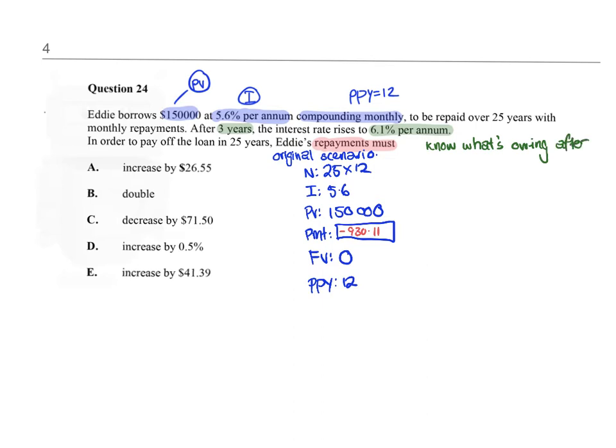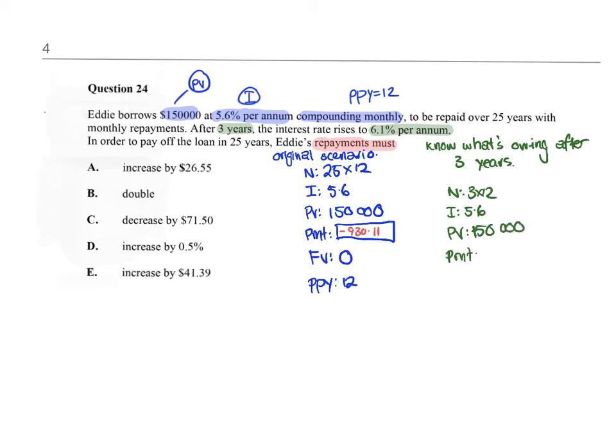So first I'll do that. To know what's owing after 3 years, I'm going to do 3 times 12. The interest rate at the start was still 5.6, and PV was still 150,000.